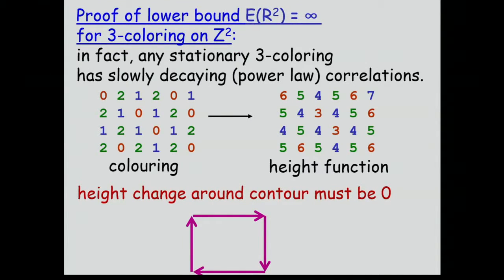Okay, so that was 3 coloring Z2 with power law tails. So why can I do no better than power law tails? Well, so here is, I'm going to prove, or at least describe the proof, that in any 3 coloring on Z2, in 2 dimensions, the coding radius has to have infinite second moment.